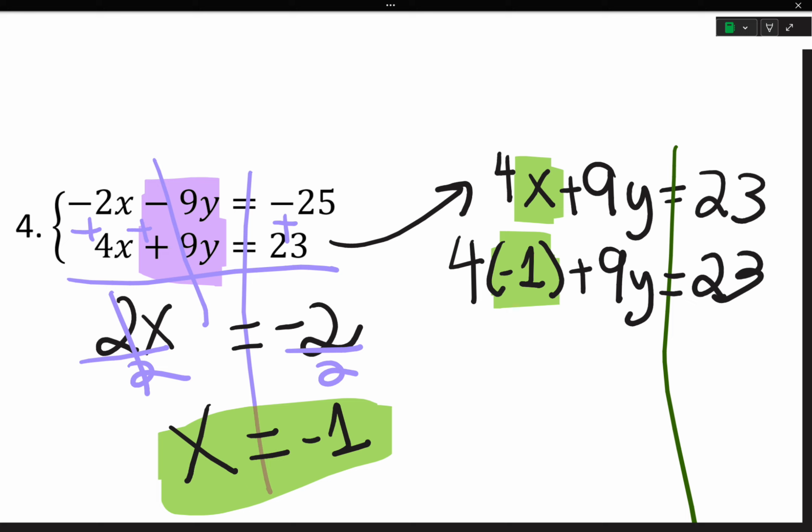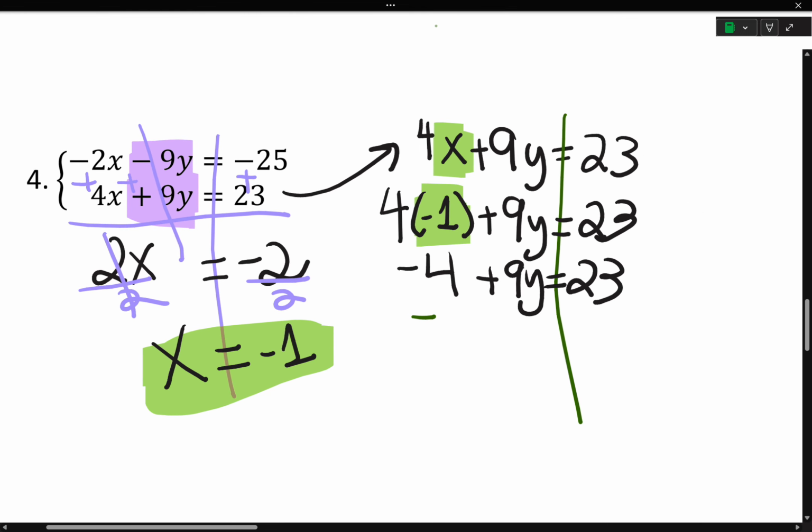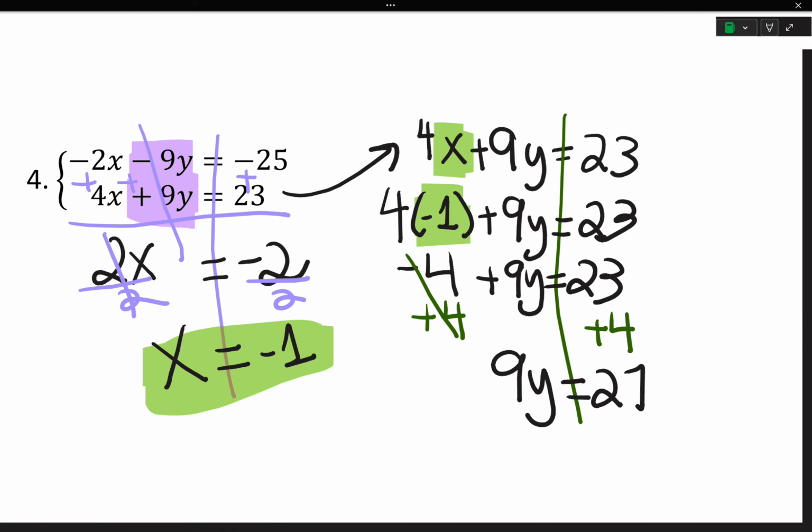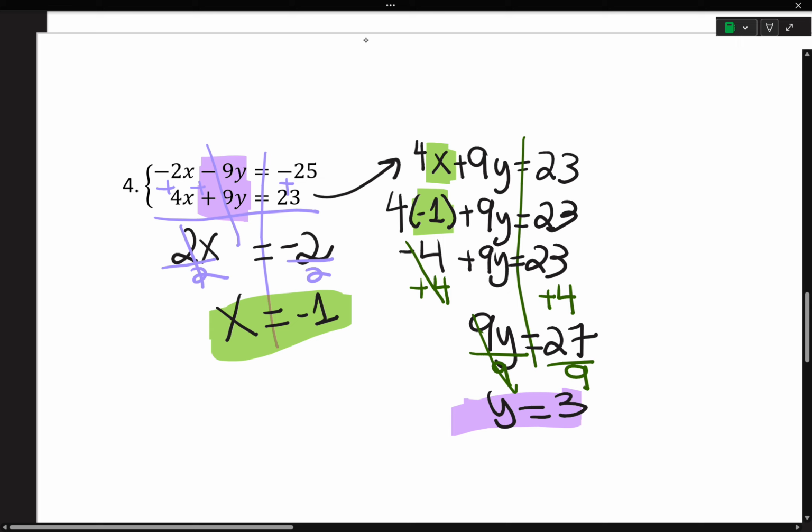Let's multiply. 4 times negative 1 is negative 4, and then plus 9y equals 23. Let's add 4 to both sides. We're undoing that negative 4. So now we have 9y equals 27. And let's finish by dividing both sides by 9. Y equals 3. All right. Let's write our answer. Negative 1, comma 3.